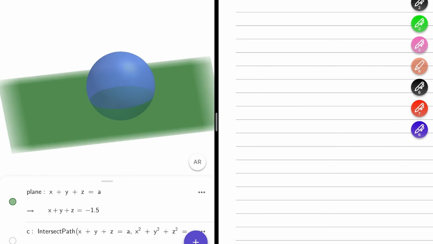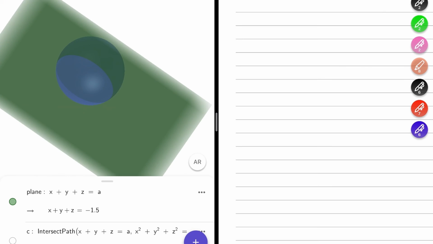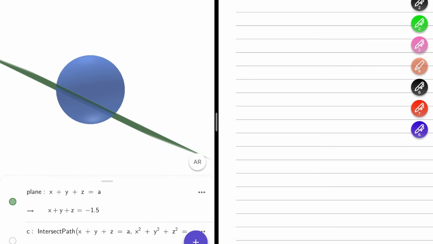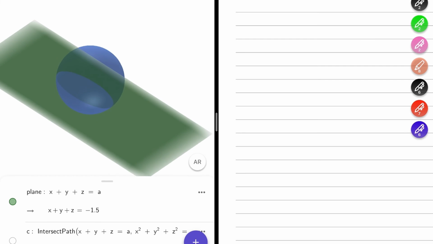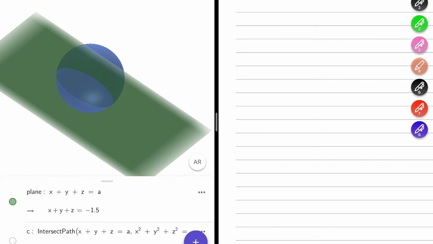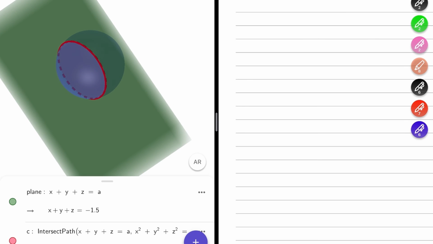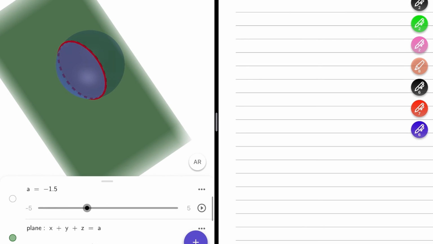And if we want to see the intersection of this sphere and the plane, we can observe the red one, that is the circle.